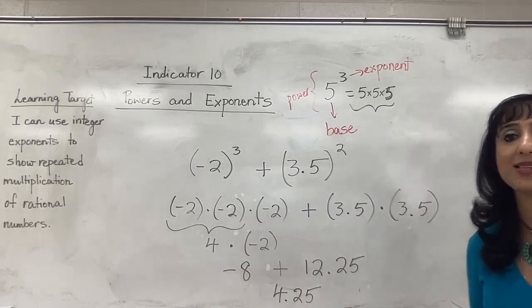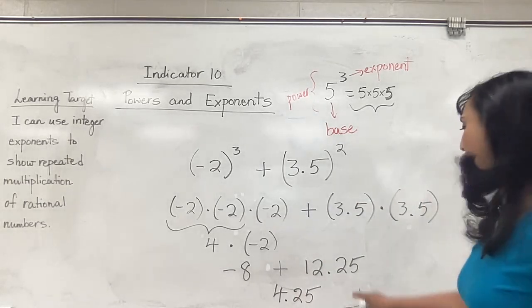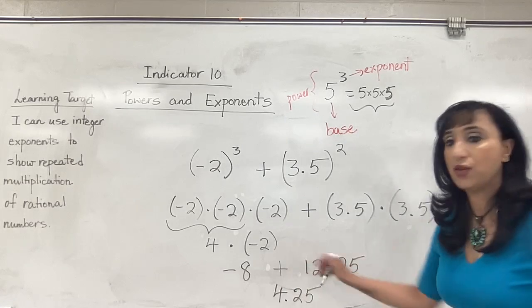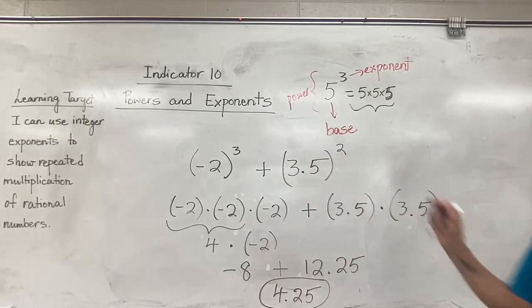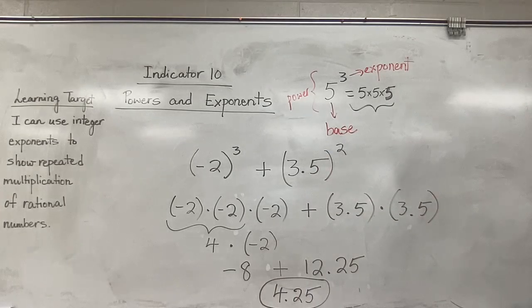And then what is the sign in front of the bigger absolute value? It is positive. So therefore, my answer to this problem is going to be 4 and 2500. Okay, so that's how we evaluate expressions.